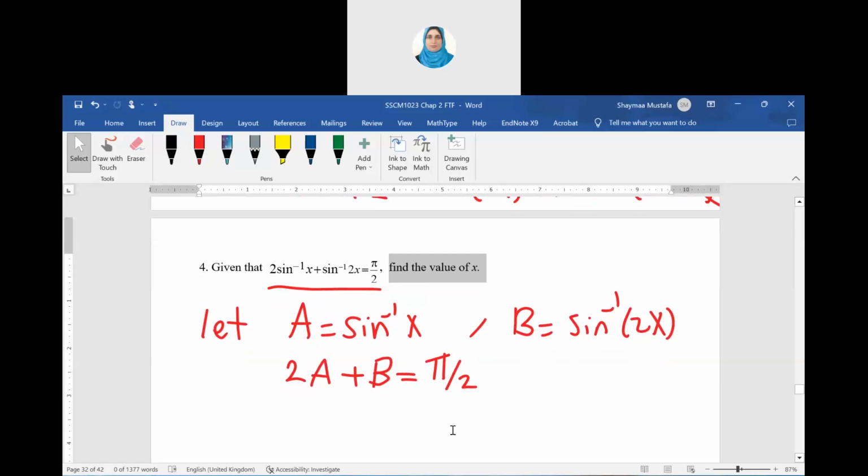What can we understand? a is equal to sine inverse x. This means sine a is equal to x. Also, b is equal to sine inverse 2x.